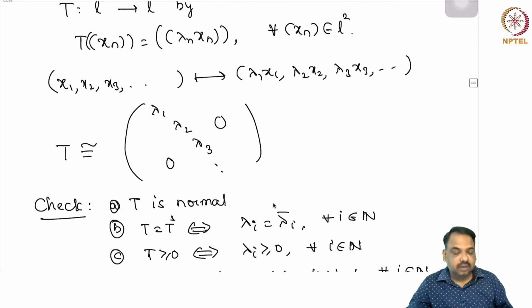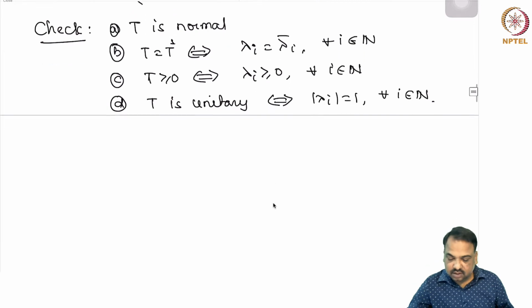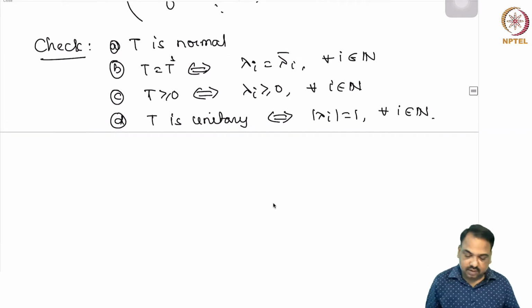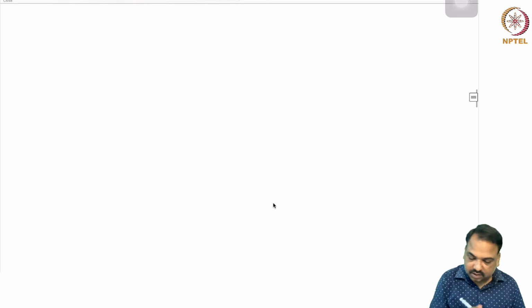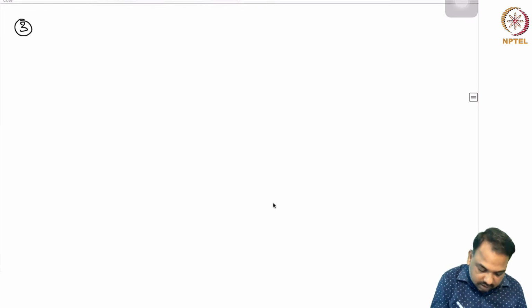Now the adjoint of T, that is the matrix of T star, is nothing but the infinite diagonal matrix with diagonal entries lambda 1 bar, lambda 2 bar, lambda 3 bar and so on. Now from that we can actually conclude all these results. Let us try to look at a slight generalization of this result.